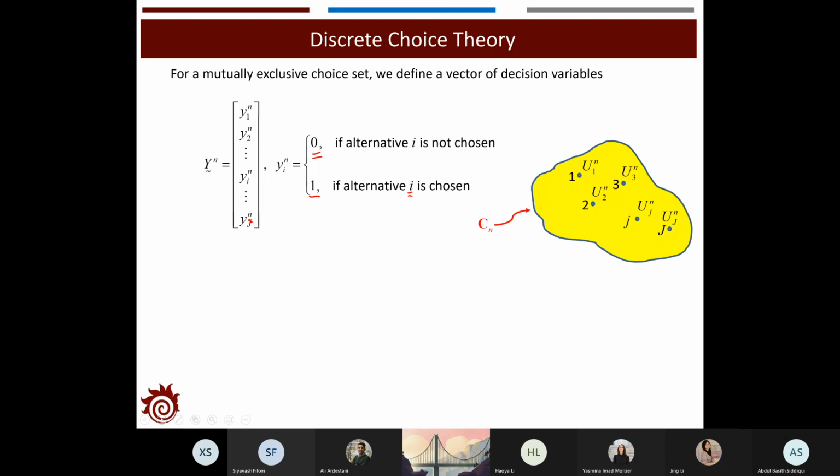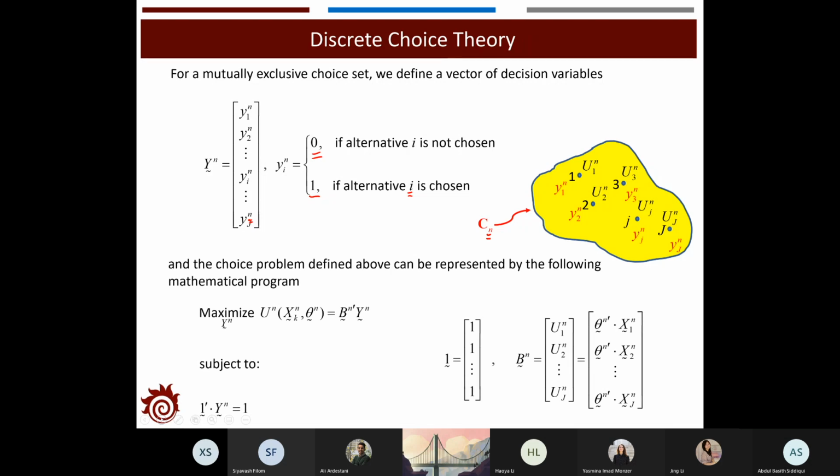And we have to use this information to calibrate the model. So to sum it up, for each individual with j different alternatives, we can define the utility for each one of them with a linear equation with respect to a set of attributes. And for each mode, each individual will have one decision. It's either 0 or 1, but there will be only one with the value of 1.